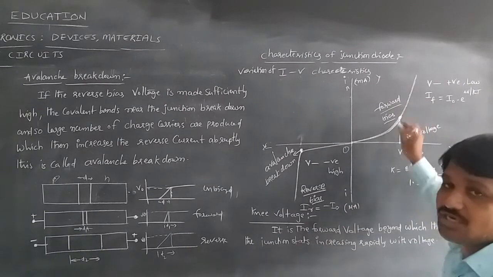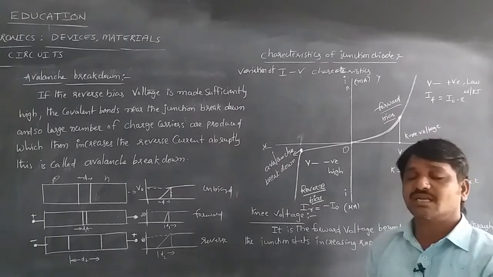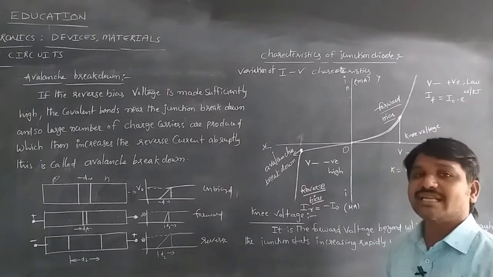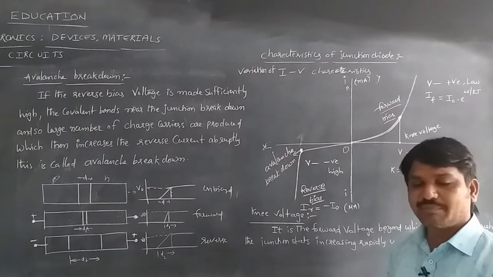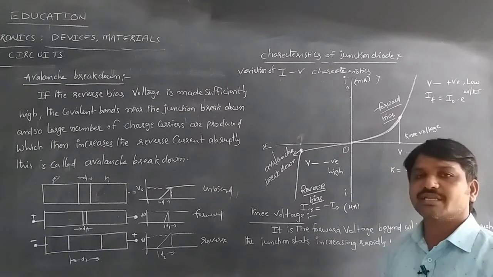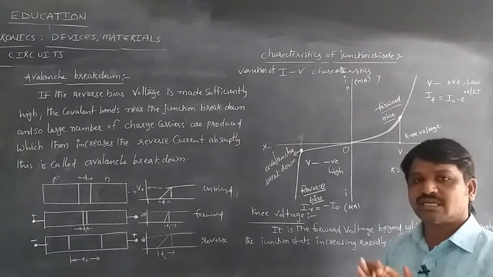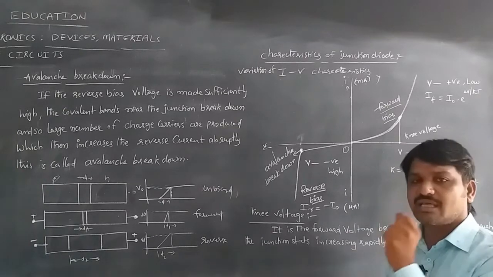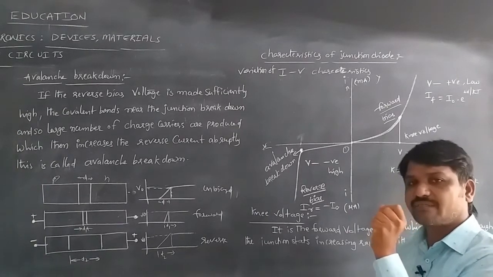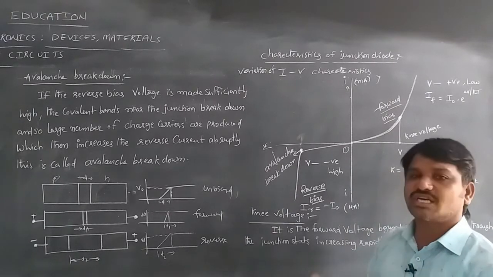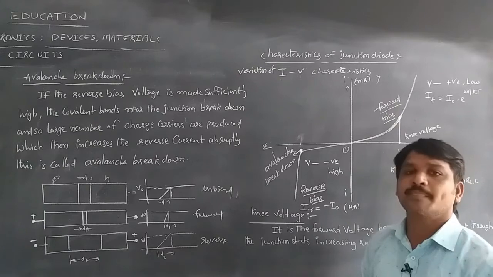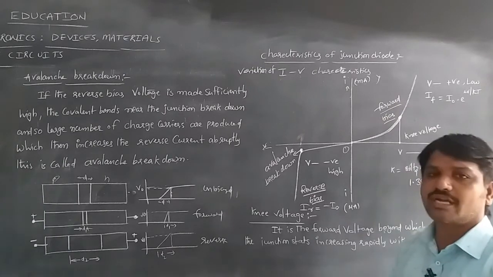After the connection, as the voltage is increased, the current will increase rapidly after crossing the potential barrier. As the depletion layer thickness decreases, more mobile charge carriers cross the potential barrier, so more current flows through the circuit.